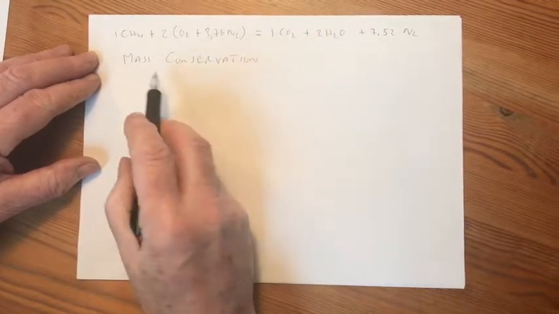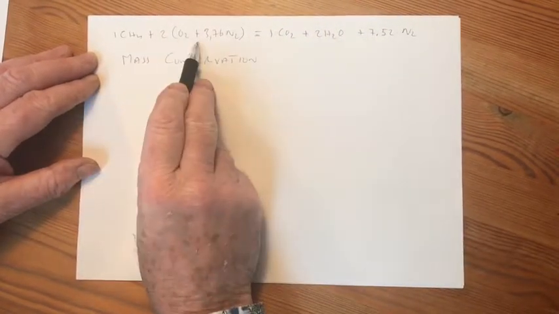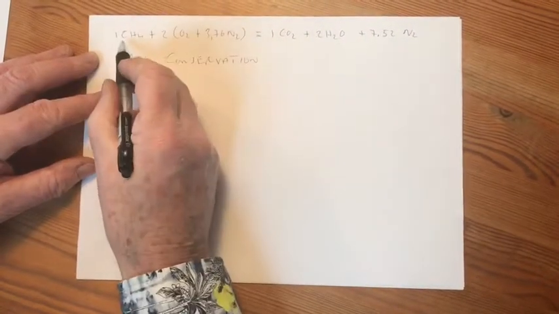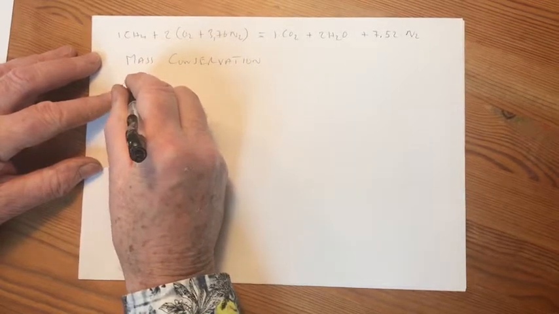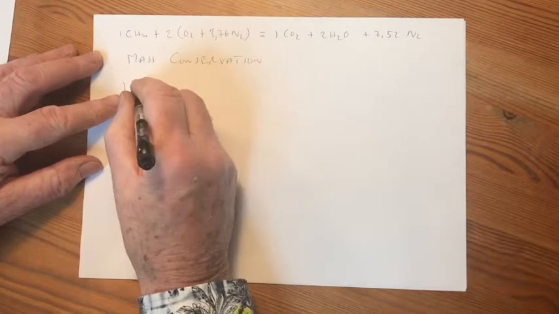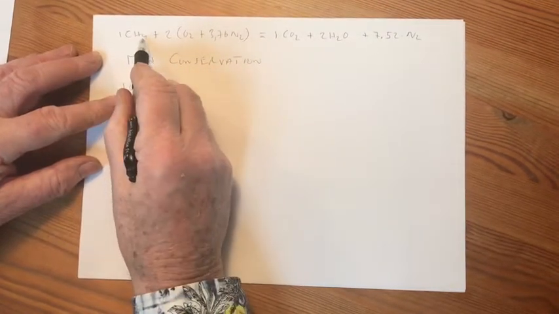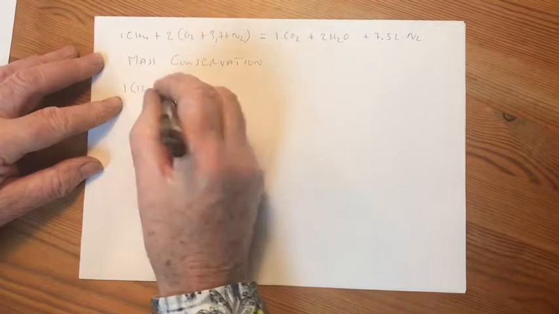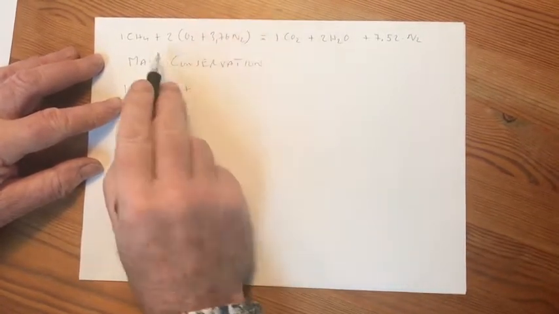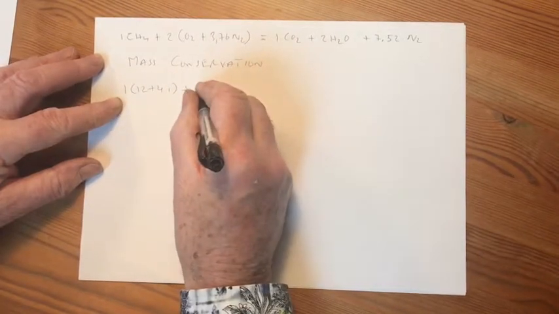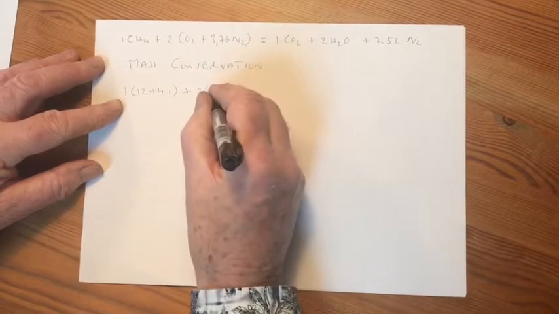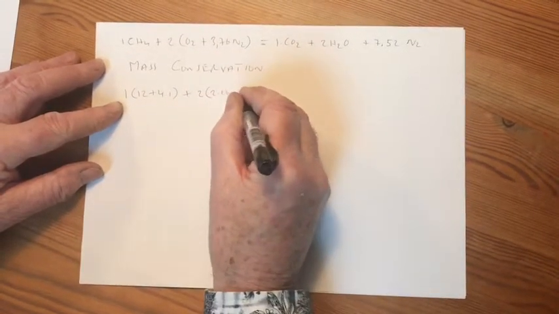So we check now that the mass that we had on the left hand side is the same as the mass that we have on the right hand side. So let's take the left hand side. So we have 1 times, and carbon has a molecular mass of 12. Hydrogen has a molecular mass of 1 approximately, plus 4 times 1. And then we have 2 oxygens. Oxygen has a molecular mass of 16, so it becomes 2 times 16.